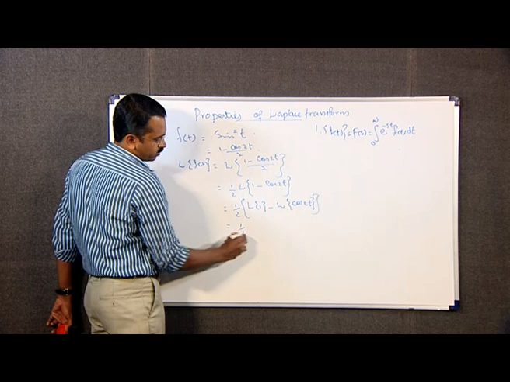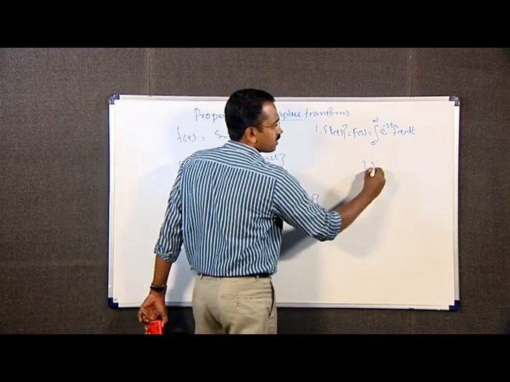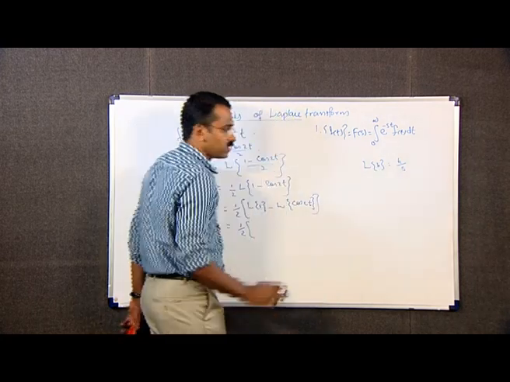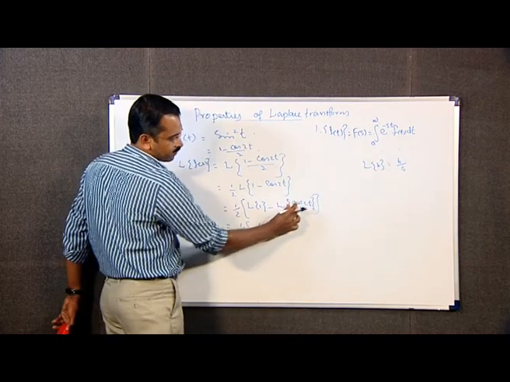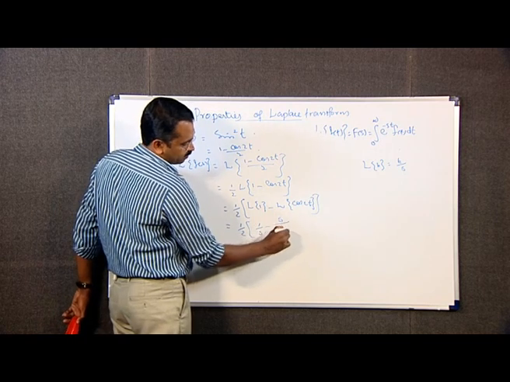Laplace transform of k is k by s, where k is a constant. Therefore, Laplace transform of 1 is 1 by s minus Laplace transform of cos 2t is s by s square plus 2 square.